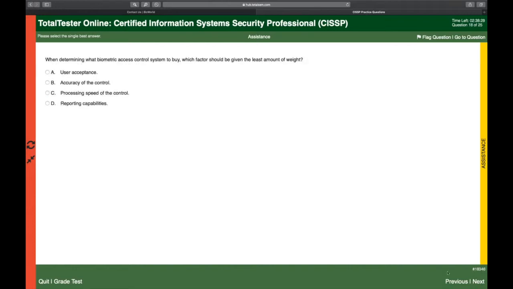All right, number 18, when determining what biometric access control system to buy, which factor should be given the least amount of weight? Delta. Anybody else?